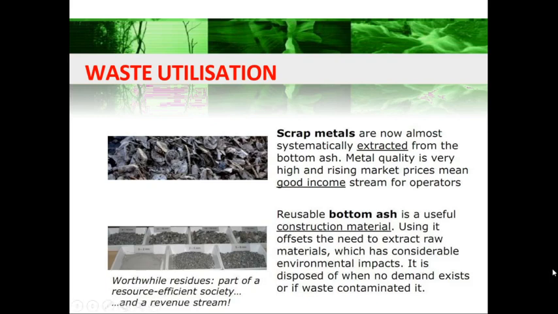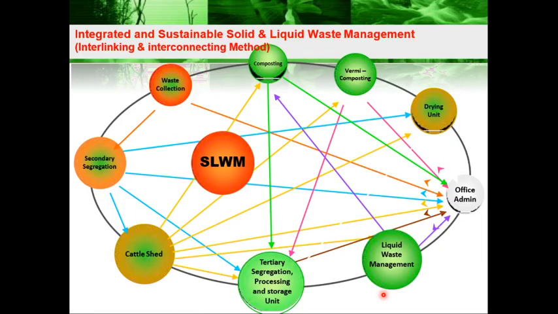Next, reusable bottom ash is a useful construction material. Using it offsets the need to extract raw materials, which has considerable environmental impacts. It is disposable when no demand exists or if the waste is contaminated.